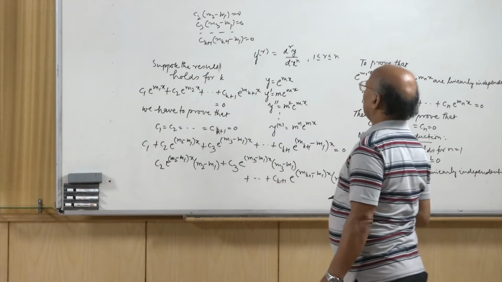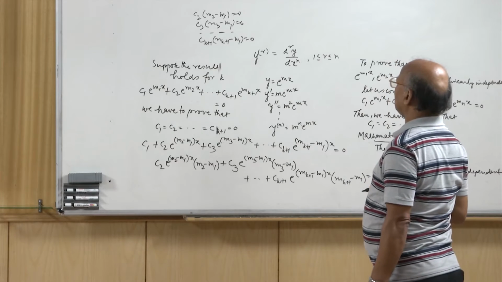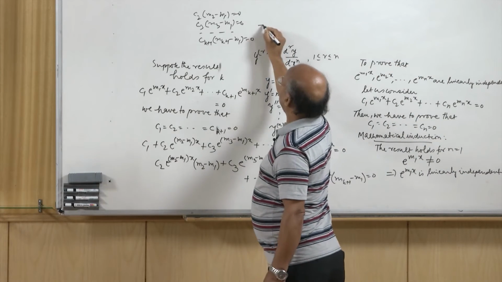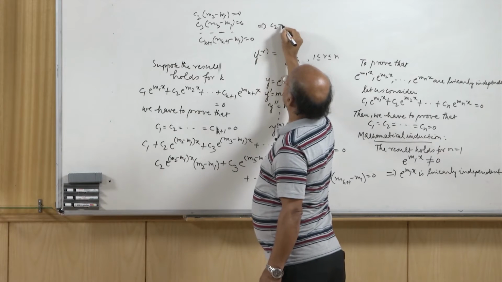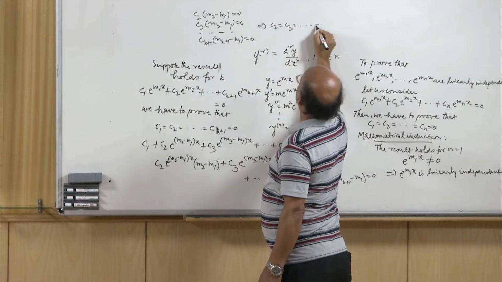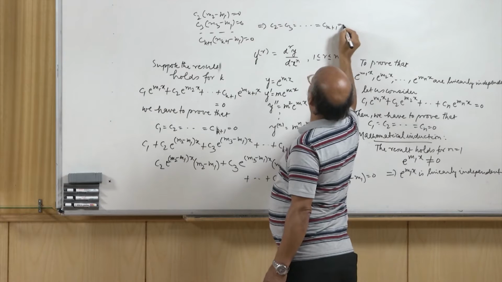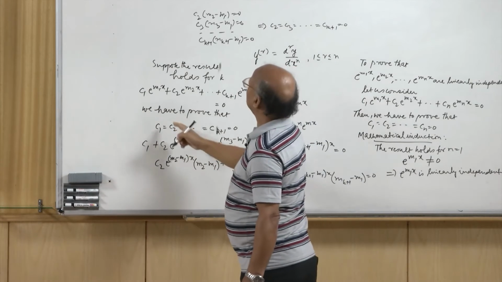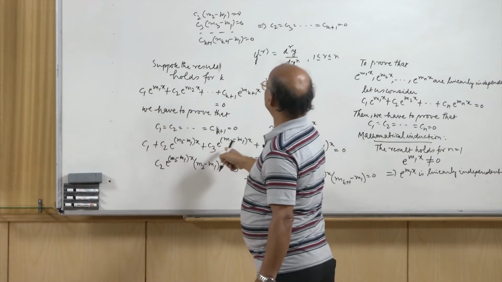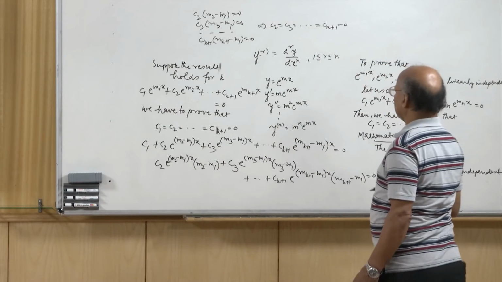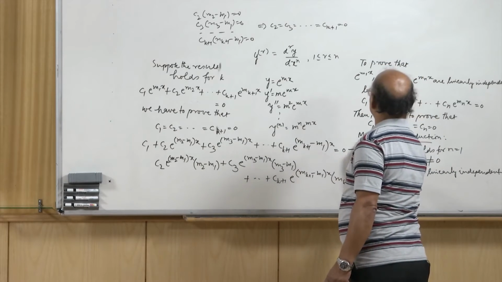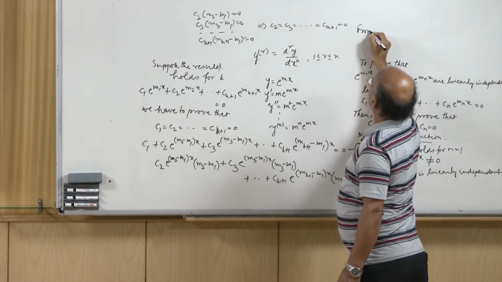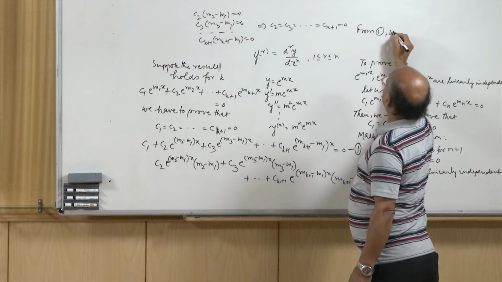Since m1, m2, m3 and so on, mk plus 1 are all distinct, this implies that C2, C3 and so on, Ck plus 1 are all zeros. And from this equation, let us call it 1, when you put C2, C3, Ck plus 1 equal to 0, we get C1 equal to 0.